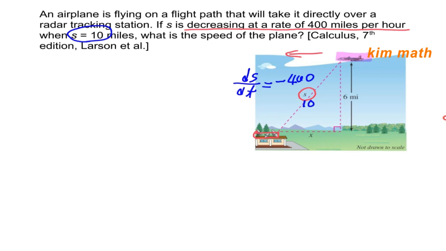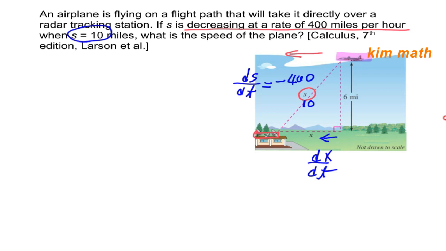In this case, you can use this right triangle. Since according to the path the airplane will move this way, we need dx/dt. That will technically be the velocity. If we can find the velocity, we can find the speed.